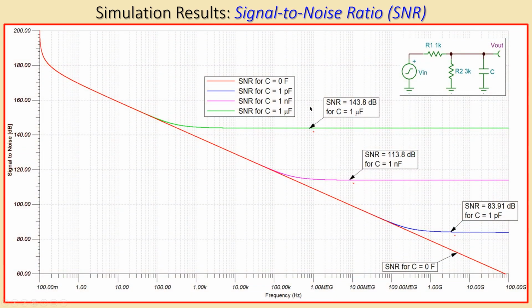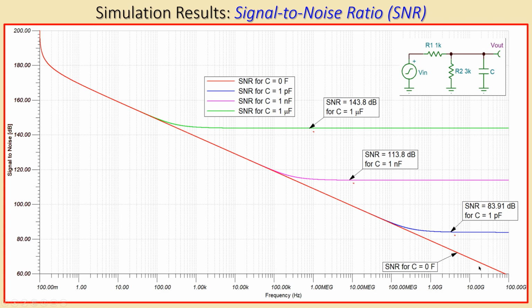Okay, let's also look at the signal-to-noise ratio, SNR, for our circuits again. Again, the first one was the red one, which is the capacitor of 0, which is open here, so we only have 2 resistors, again the voltage divider, and that is this line, which will of course start at a very large value for very low frequencies, but it keeps decreasing as the frequency increases.